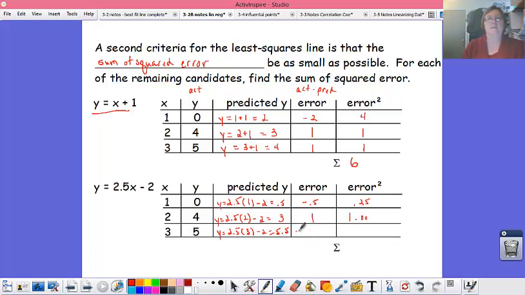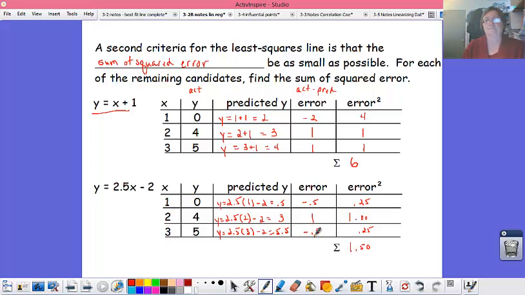And the error, 5 minus 5.5, is negative as well, negative 0.5. Squaring that, 0.25. And when you sum the squared error here, you're getting 1.50. So that's certainly smaller than that one.